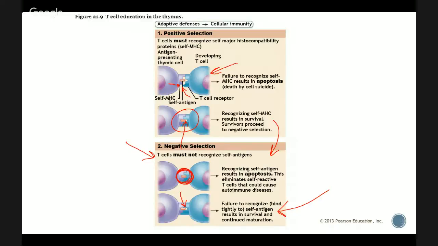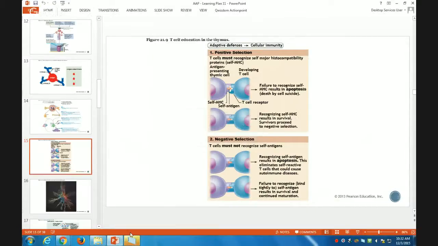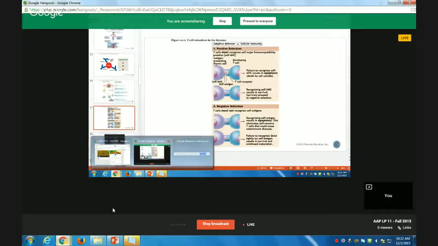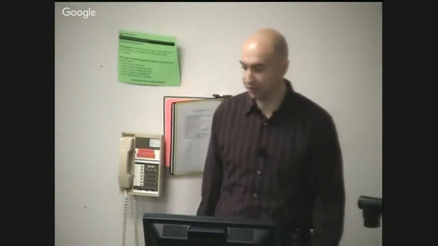So let me explain how this might work in a little bit different way, so it kind of helps you understand what we're looking at here. Okay, so I use this example every semester because I guess it's relatable. This is the way that the body's immune system is supposed to work.